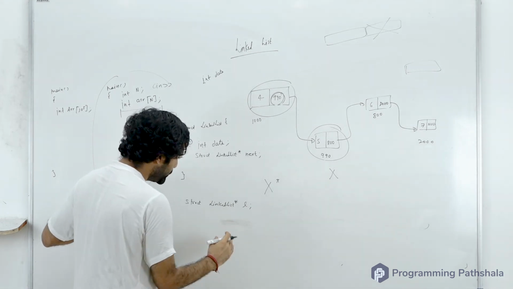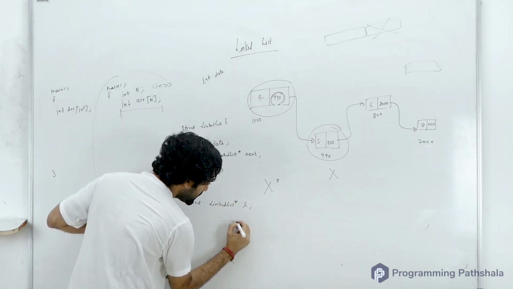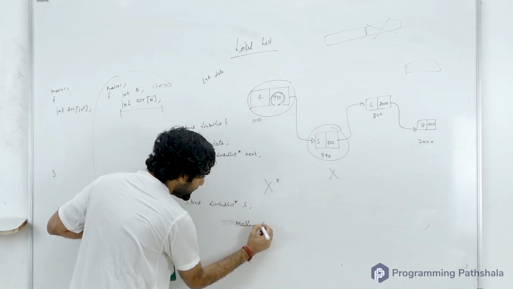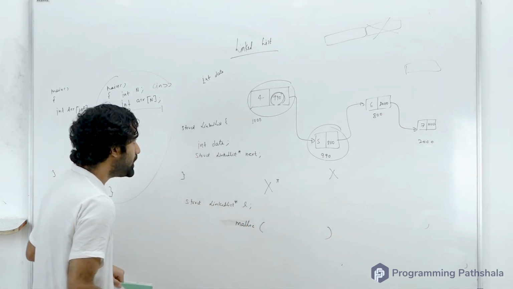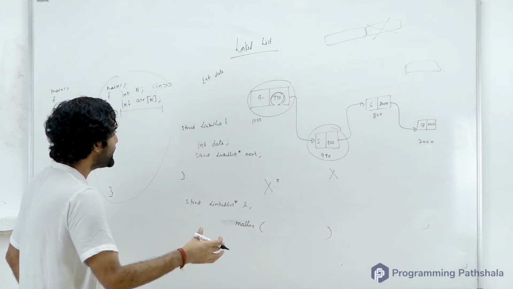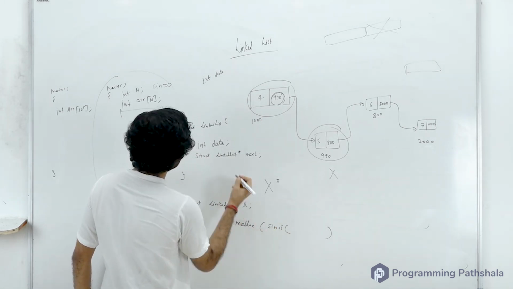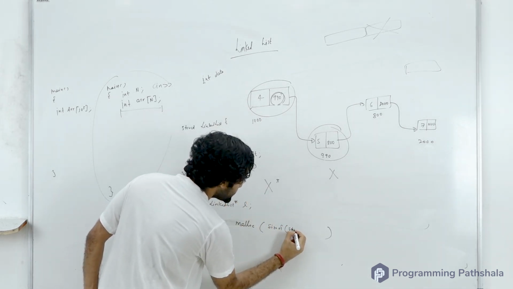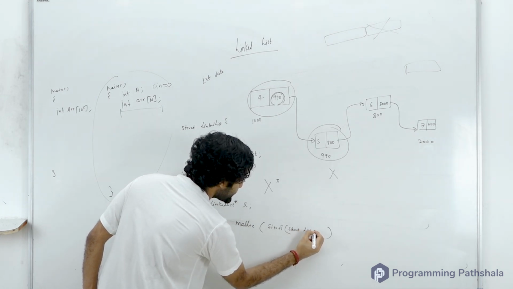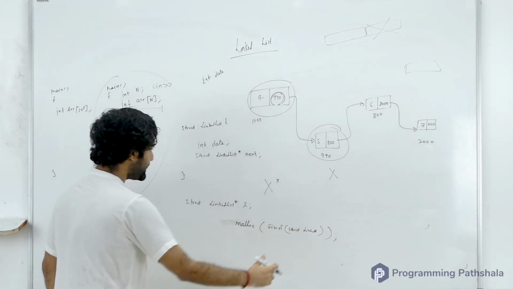You guys already know new. If you do not know, please learn it. Malloc, and then here you provide the size of whatever you want. So how can you provide that? You can simply call sizeof this thing, struct linked list, sizeof struct linked list.